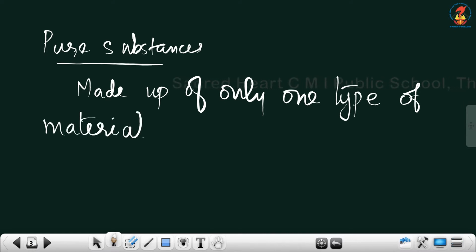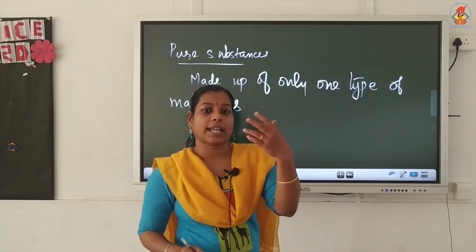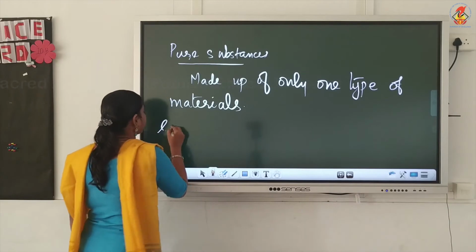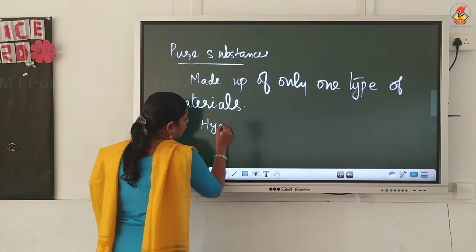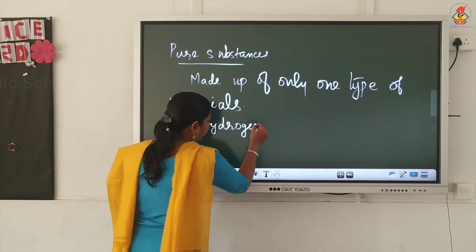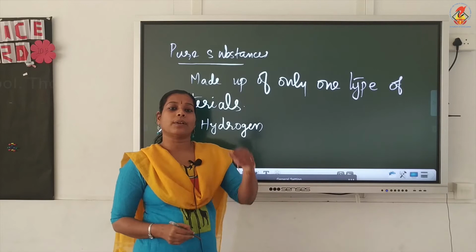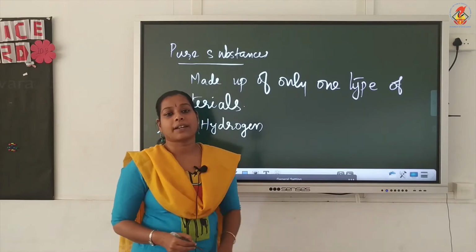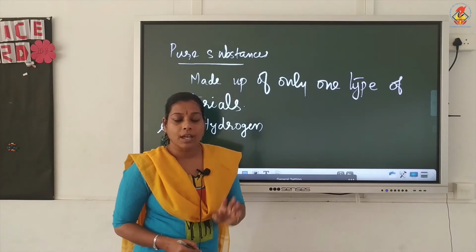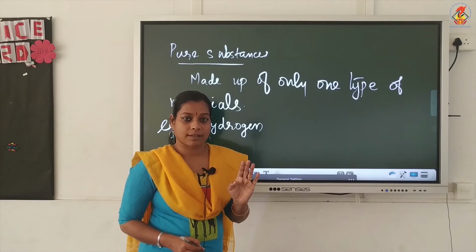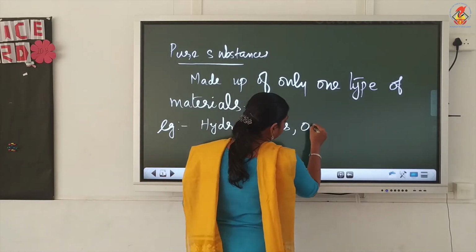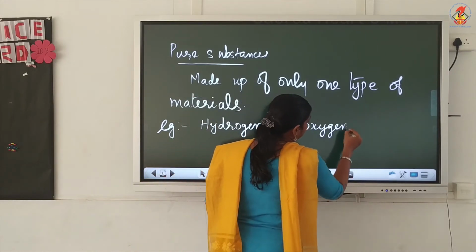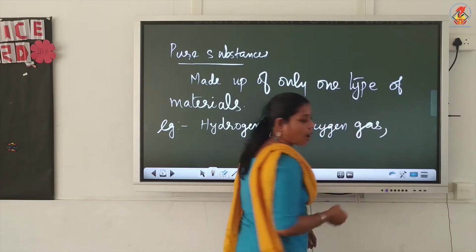As an example, take hydrogen gas. In hydrogen gas you can see only hydrogen molecules. Can you see oxygen molecules there? No, you cannot. Then in oxygen gas you can see only oxygen molecules.